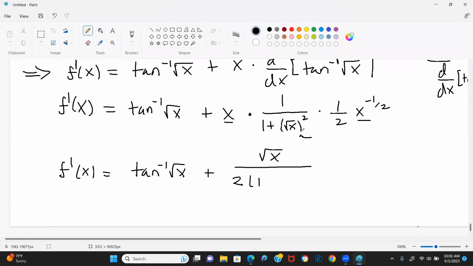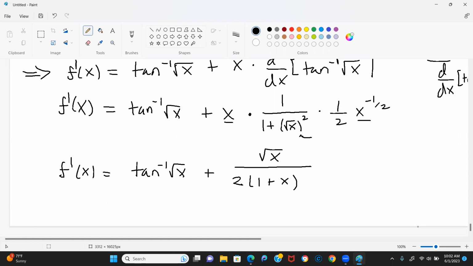It will be 1 plus square root of x squared, which would be x. All right, I think I'm just going to leave it at that.